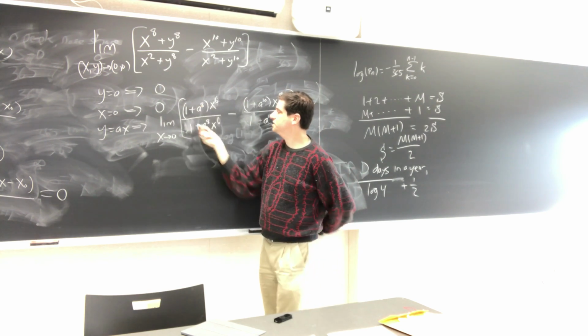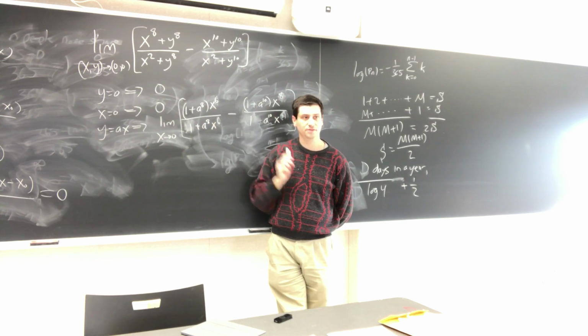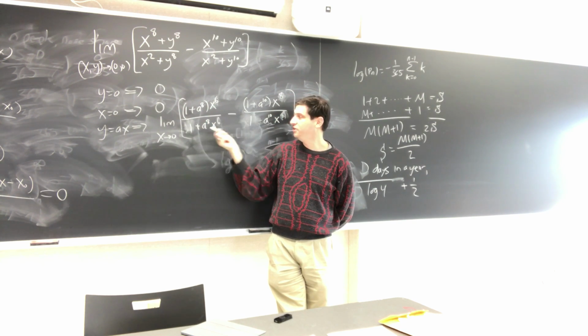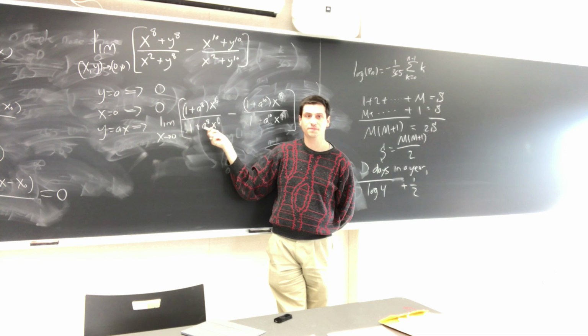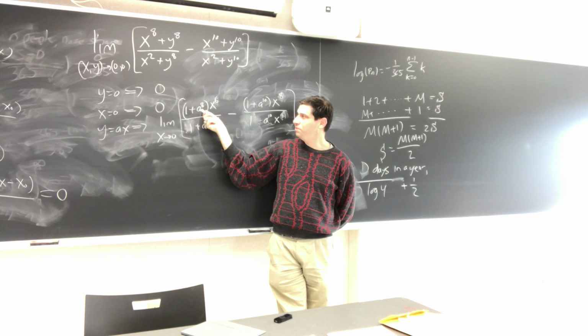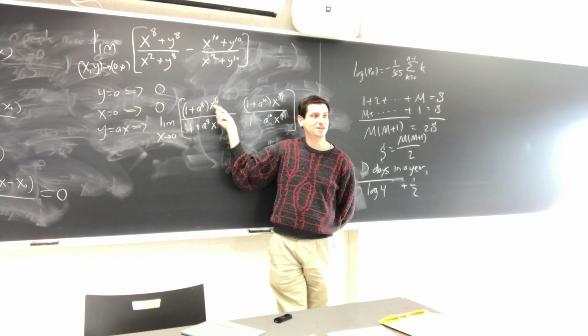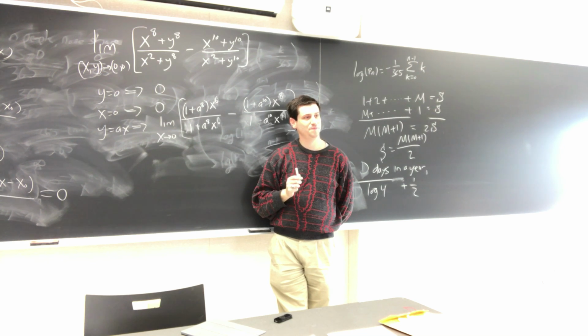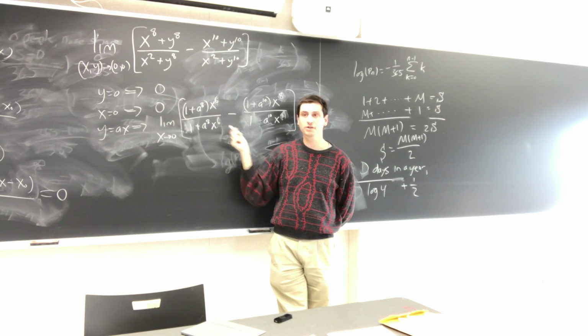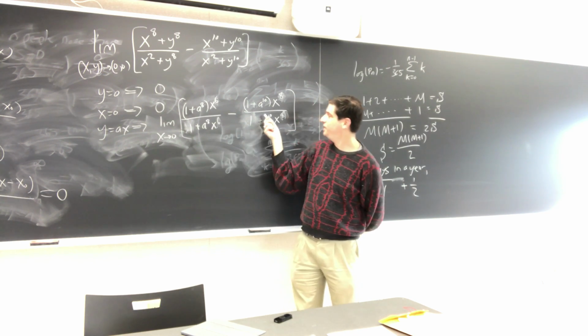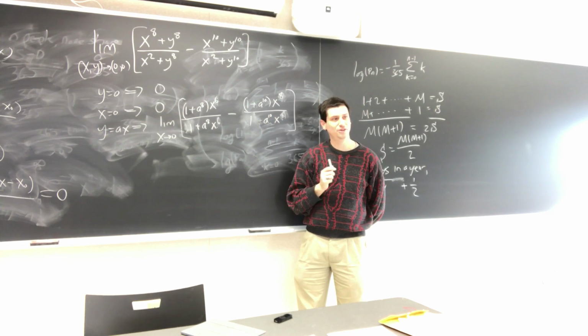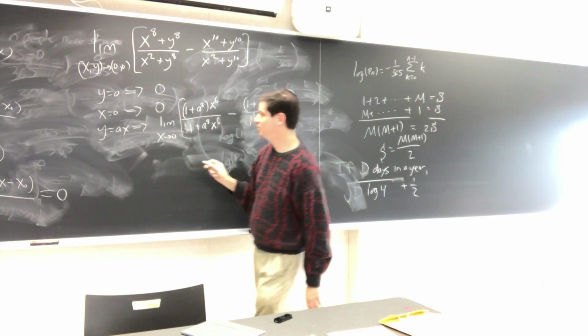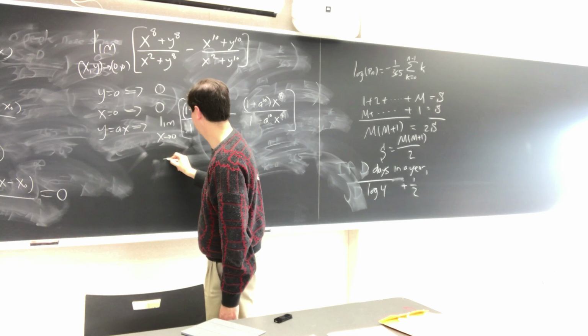What does this expression go to now? Where does the denominator go as x goes to 0? It would just equal 1, because this part goes to 0. 1 plus a to the 8th just goes to 1 plus a to the 8th, and I have an x to the 6th. So what does the numerator go to? 0. So we have 0 over 1, which is 0. Over here, we've got 0 over 1, which is 0. So the limit is 0.